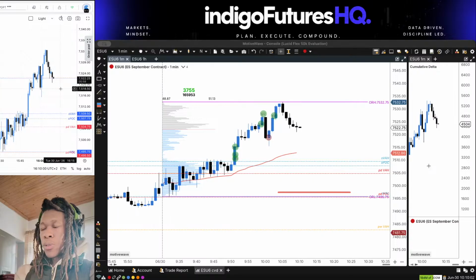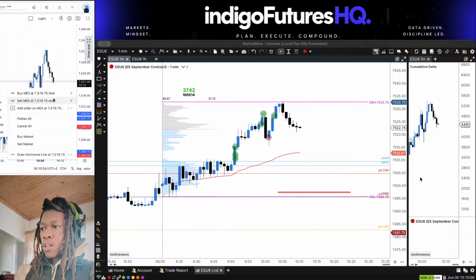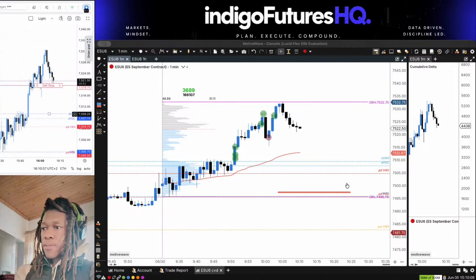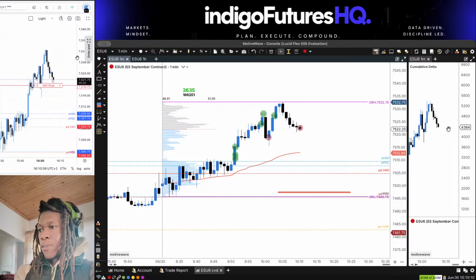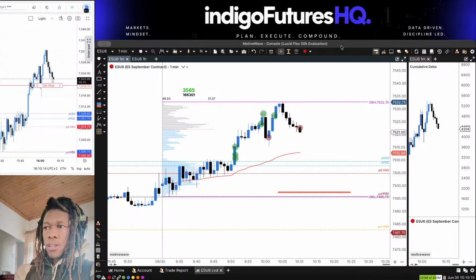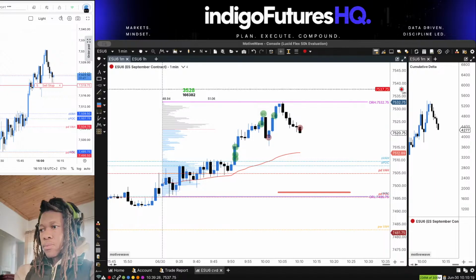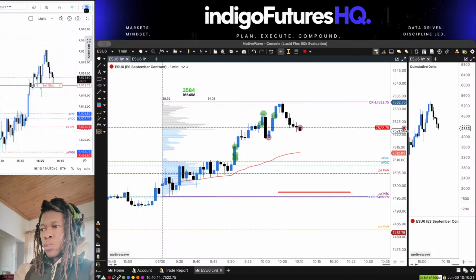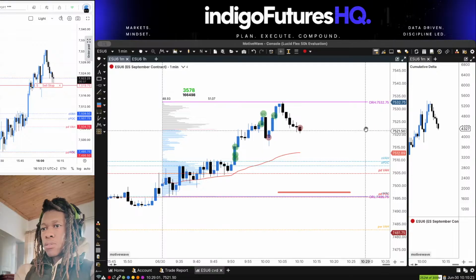But also our delta is shifting lower. So I'll put a sell stop. What's my thinking behind this? That was actually pretty close. 521.50.